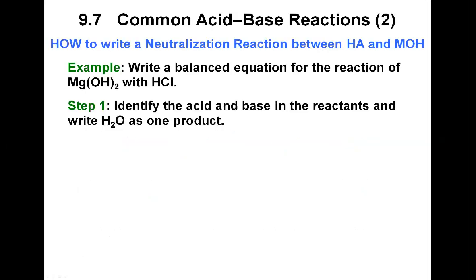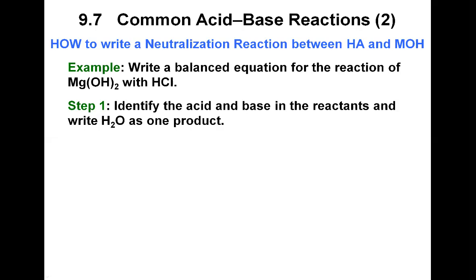So let's look at an example of a neutralization reaction. For example, write the balanced equation for the reaction of Mg(OH)2 with HCl. So Mg(OH)2 and HCl are your reactants. And out of these two reactants, you need to identify the acid and the base.